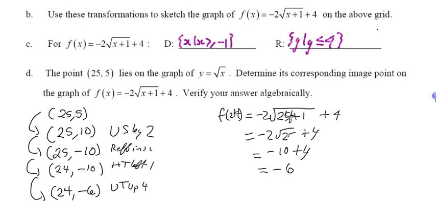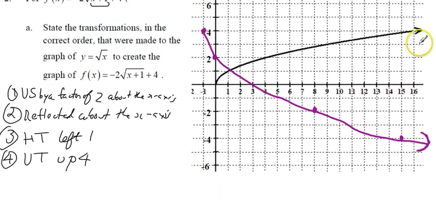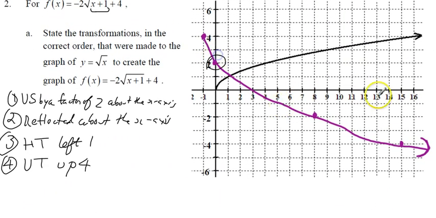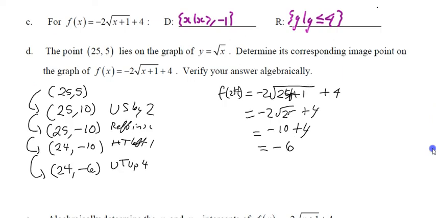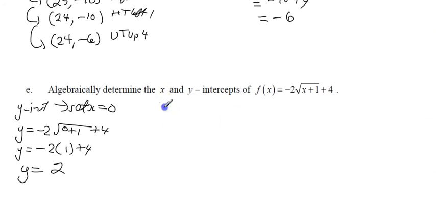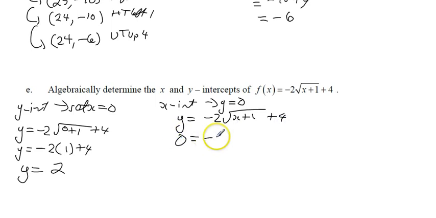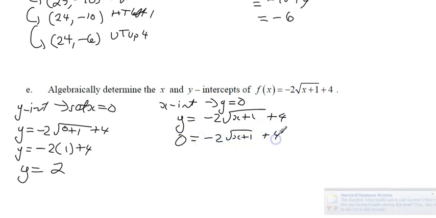Can we see that on here? Yes, we can, the y-intercept. And let's do the x-intercept. To do an x-intercept, we set y equal to 0. So y equals negative 2 root x plus 1 plus 4. 0 is equal to negative 2 root x plus 1 plus 4.